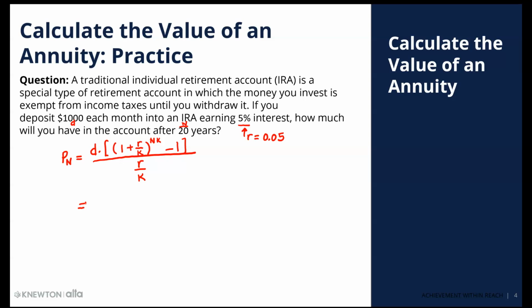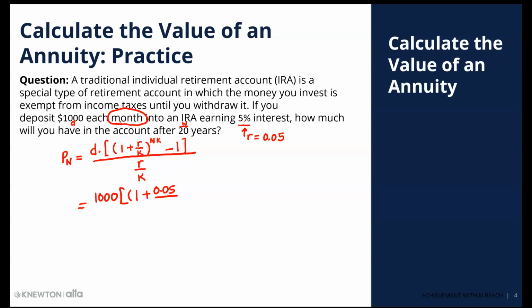We have D equal to 1,000 times 1 plus R. R is 0.05 divided by K. Now, you made a deposit each month.